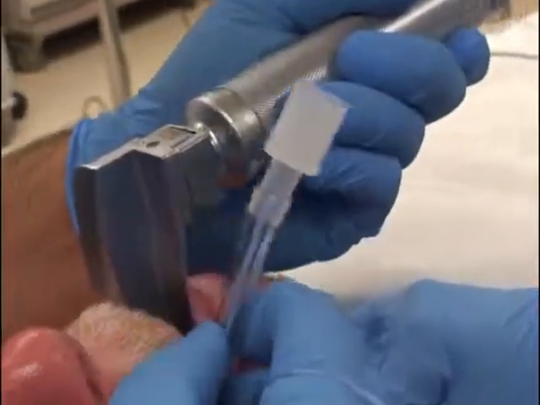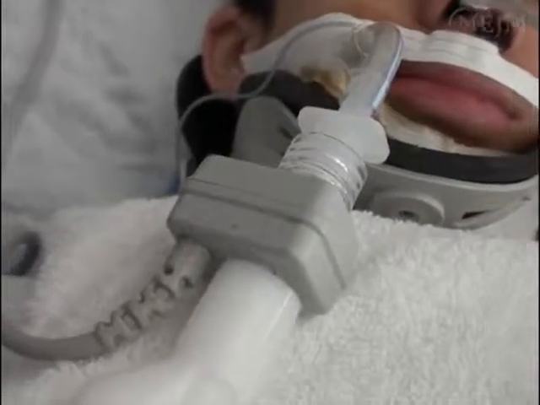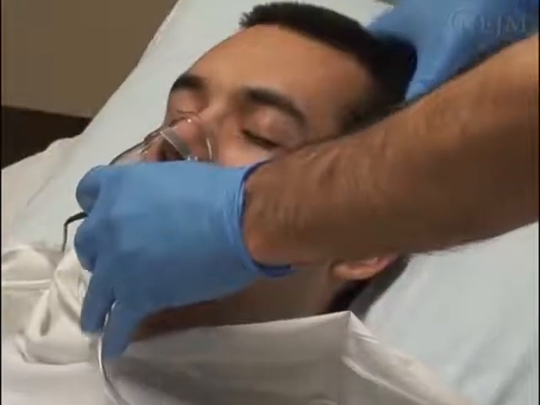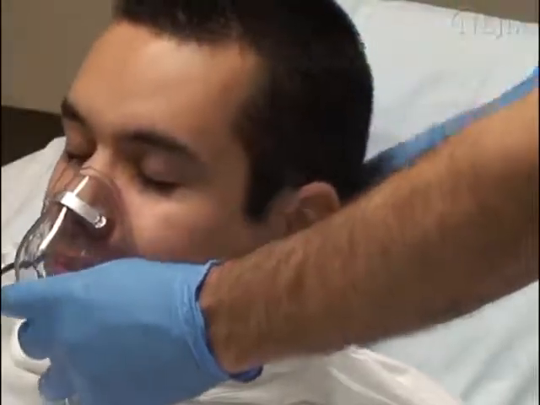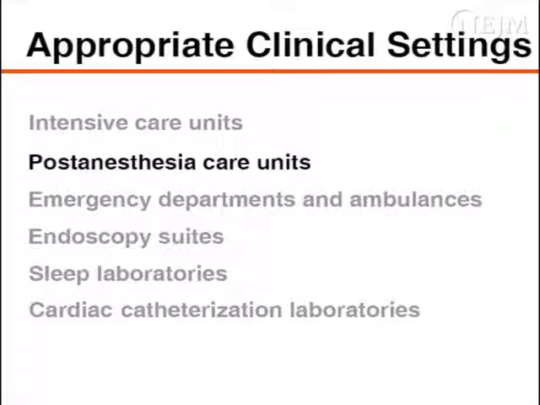Capnography is used in the operating room to aid in the proper placement of endotracheal tubes and to monitor ventilation. Capnography is increasingly being used to assess the adequacy of ventilation and to monitor for hypercapnia or hypocapnia in treatment areas such as intensive care units, post-anesthesia care units, emergency departments and ambulances, endoscopy suites, sleep laboratories, and cardiac catheterization laboratories.